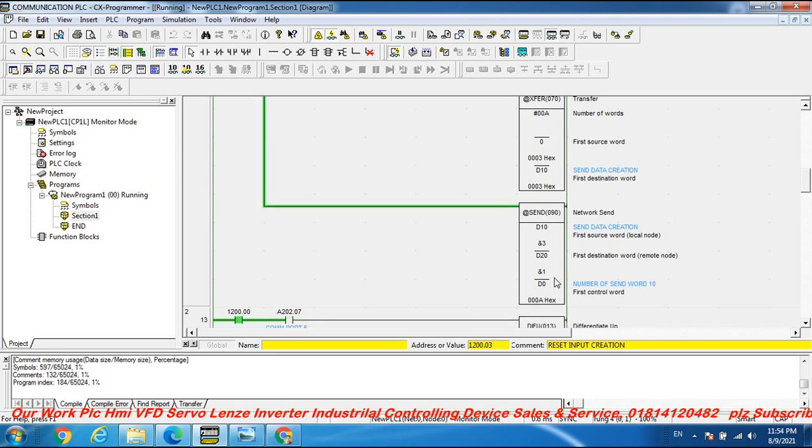This block sends 10 words of data from D10 at the local node to D20 onward, at network number 2, node number 4, and unit address 0.